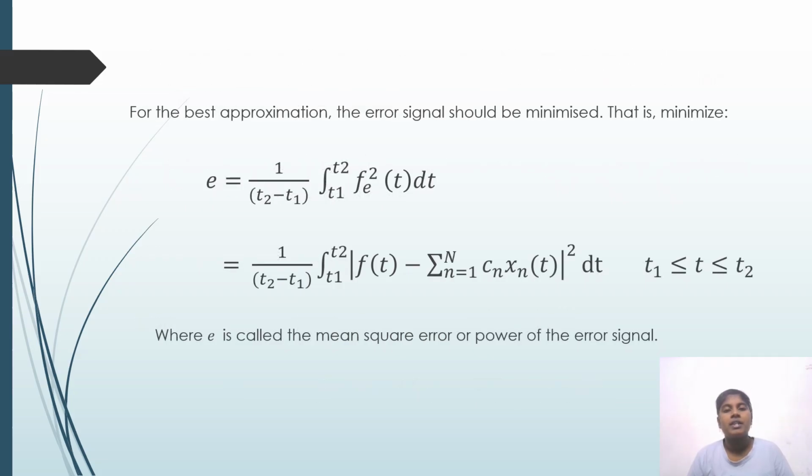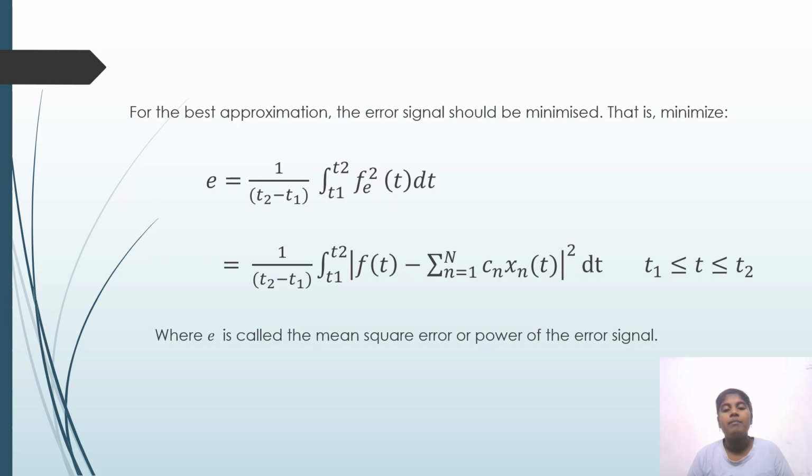For the best approximation, the error signal should be minimized, that is, minimize E equals 1 by (t2 minus t1) times the integral from t1 to t2 of fe square of t dt, which equals 1 by (t2 minus t1) times the integral from t1 to t2 of mod of f(t) minus the summation from n equals 1 to N of cn xn(t) whole squared dt, where t1 ≤ t ≤ t2.